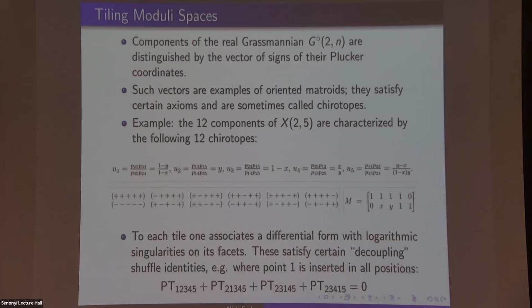It's especially adapted to the positive part where all the Plückers are positive. So when all the Plückers are positive, then each U takes a value between 0 and 1. So that's why it's shown.